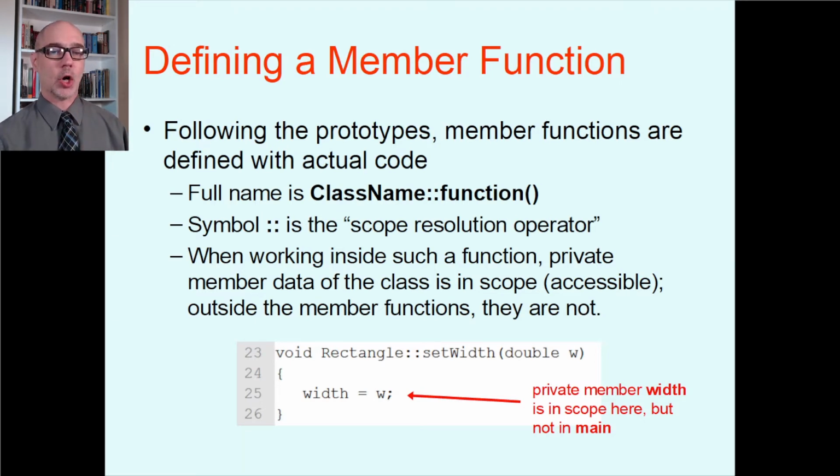Private member data only has scope inside the class functions. So here, this line 25 is legitimate, but if you try to access it from someplace outside of the class, that will not be permitted. And that's a major security feature of object-oriented programming when you're working with really big teams. Only the person who's working on the rectangle class gets to actually access this.